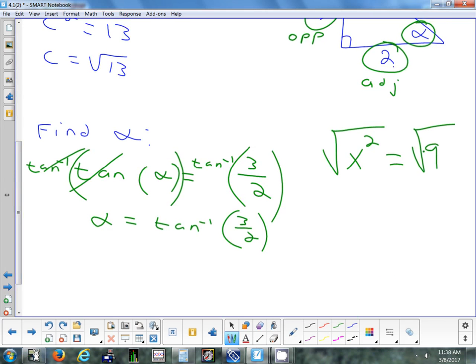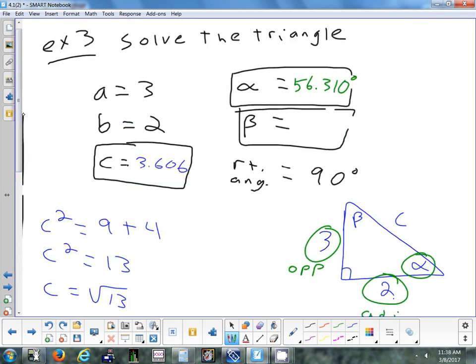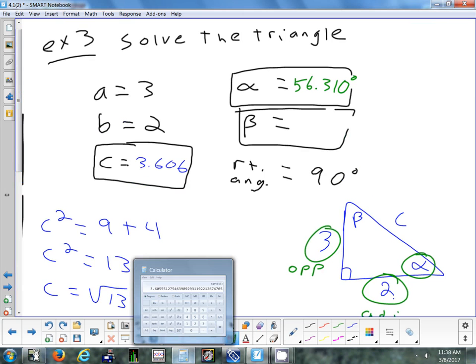Now, I know all the angles in a triangle are going to add up to how much? 180. So why don't I just take and subtract 56.31 from 90 to get beta? Yeah? You could be wrong. Exactly the same thing I had said all class. You could be wrong.